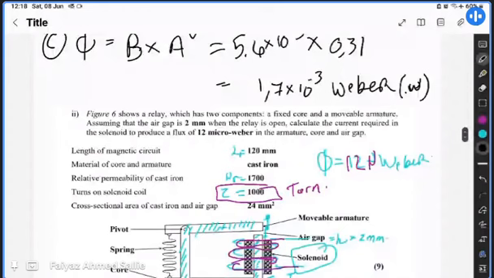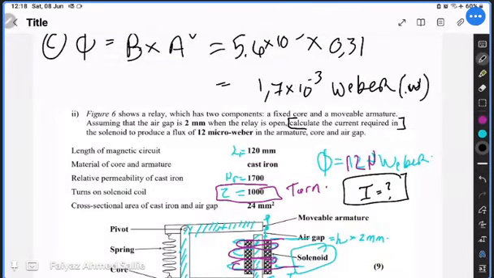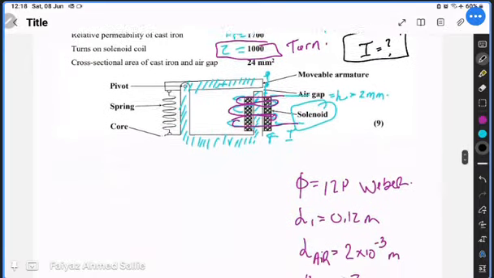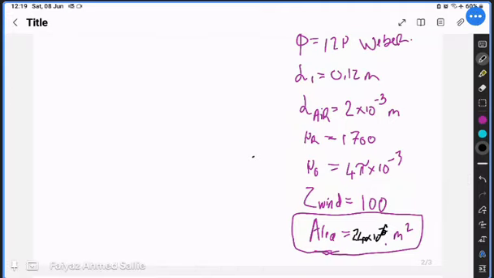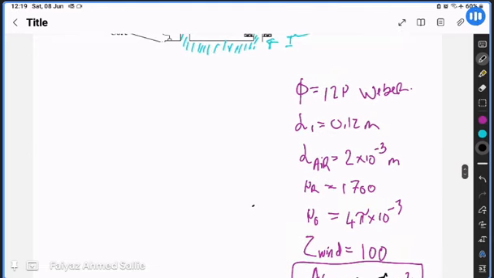They want us to show the relay which has the components of the... calculate the current. Okay, so the question is they want us to calculate the current. Let me just check on the formula sheet real quick for the formulas we were going to use.